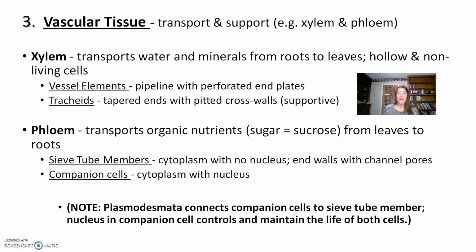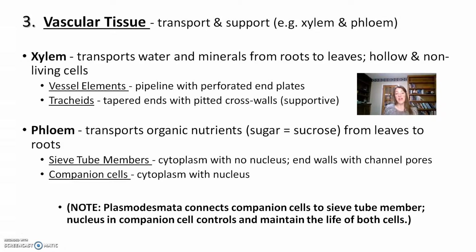Phloem transports organic nutrients such as sugar, which for plants is sucrose, and glucose, from the leaves to the roots. Now they have what are called sieve tube members. This is the cytoplasm with no nucleus. So they just have all the cytoplasm, but there's no brain center. And these have end walls with channel pores.